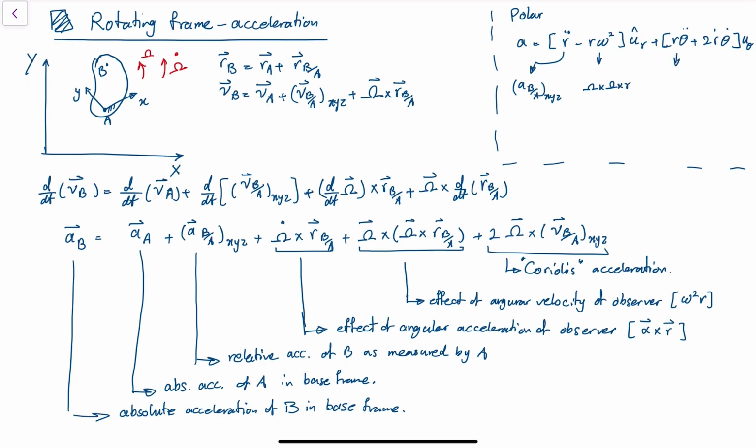This one is omega dot cross R. And the last one is Coriolis, 2 omega cross V, V of B relative to A. I don't have a space to write it. So all of these exist. All of these are acceleration in a polar frame that then are added to the acceleration of the frame itself to give you acceleration of B in the absolute frame.